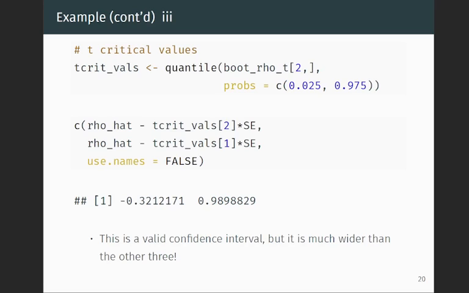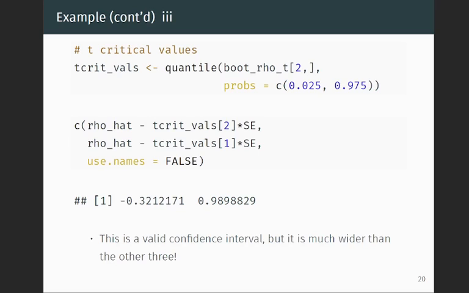And you can see I'm only using the second row. And then finally, I can compute the confidence interval as row hat minus the second critical value, so the larger critical value, times the standard error. And then row hat minus the smallest critical value times the standard error.